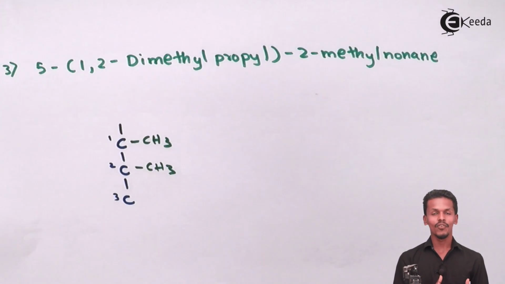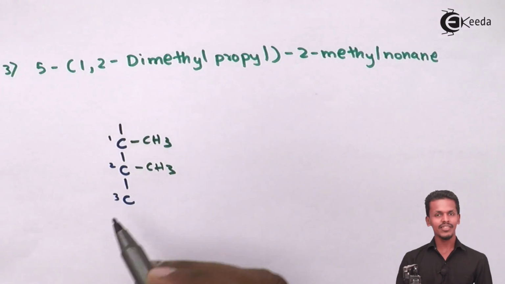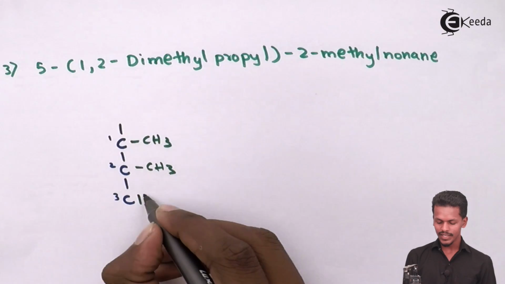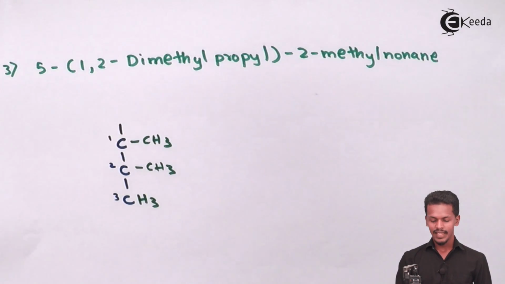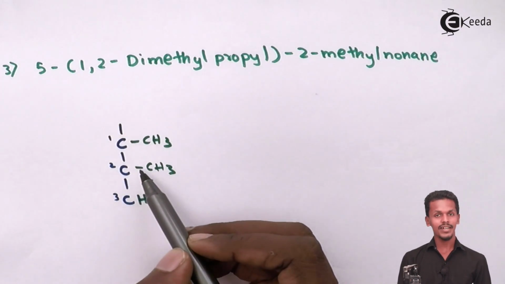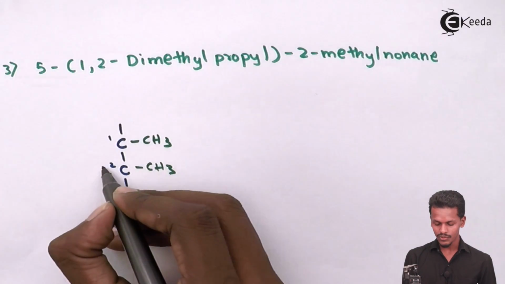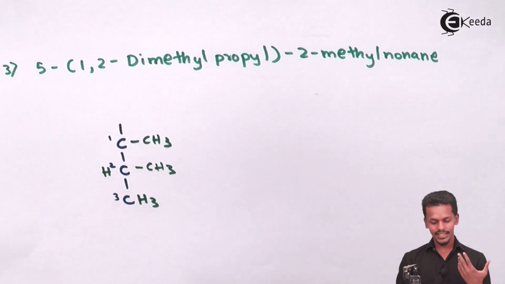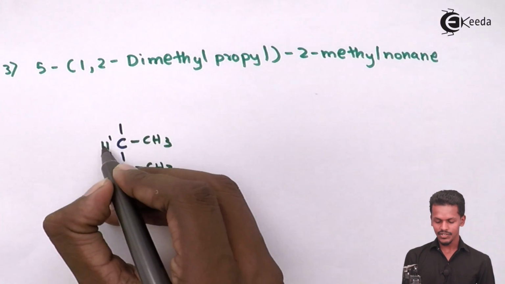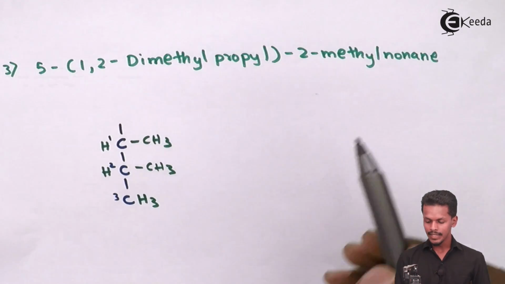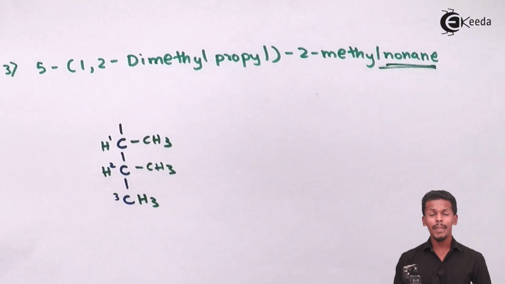So we have to fulfill the valencies also. This is the last carbon atom, or the primary carbon atom, so it could be called CH3. And this is a tertiary carbon atom, so it has 1 hydrogen atom. And this again would be a tertiary carbon atom, because this is the carbon atom that will be attached to the main parent hydrocarbon.